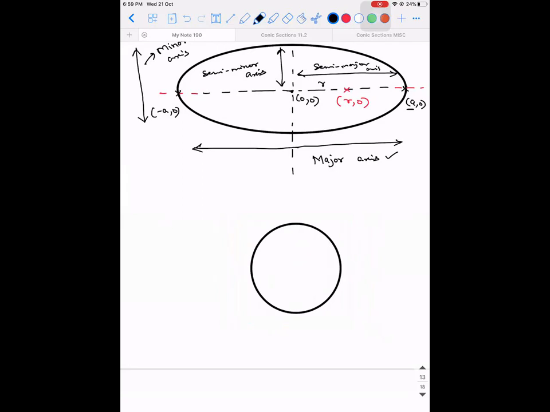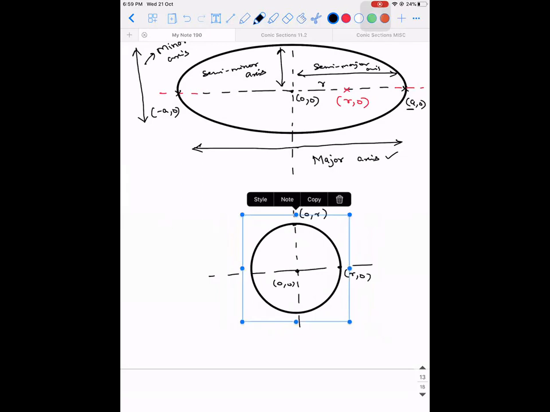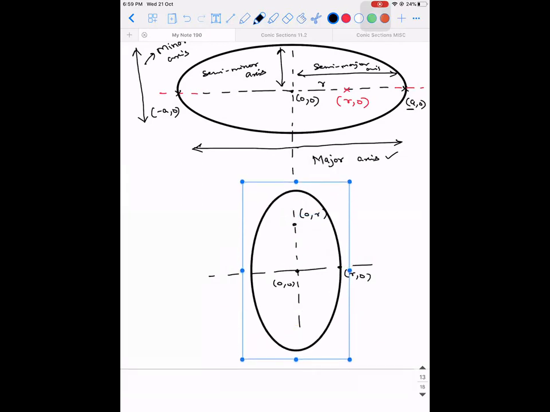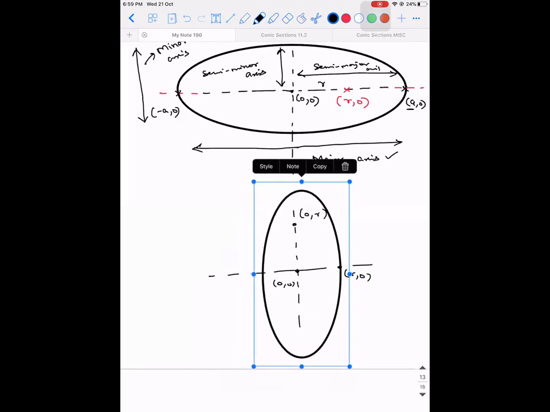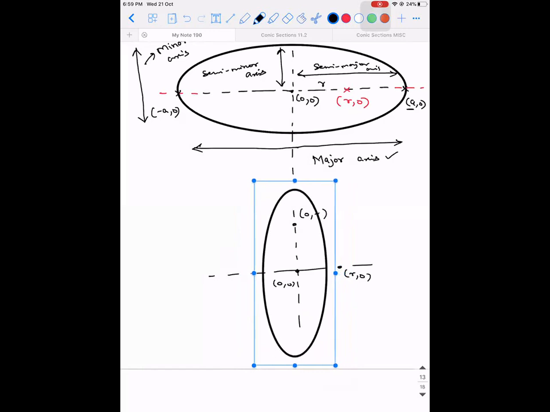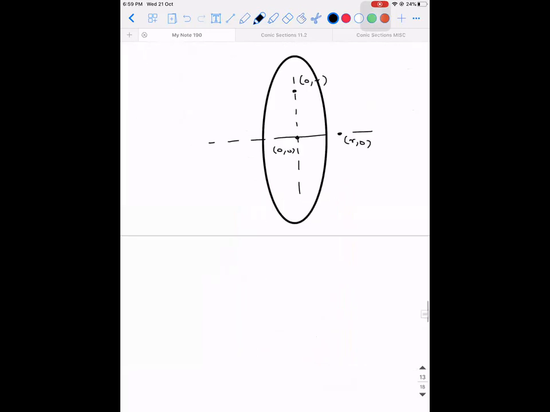Now observe. Again, I have a circle, let's say of radius r. So if this point is 0, 0, this coordinate is r, 0, and this coordinate is 0, r. Now observe, I'm trying to elongate it along the y direction and compress it along the x direction. You're able to observe the difference in shape.